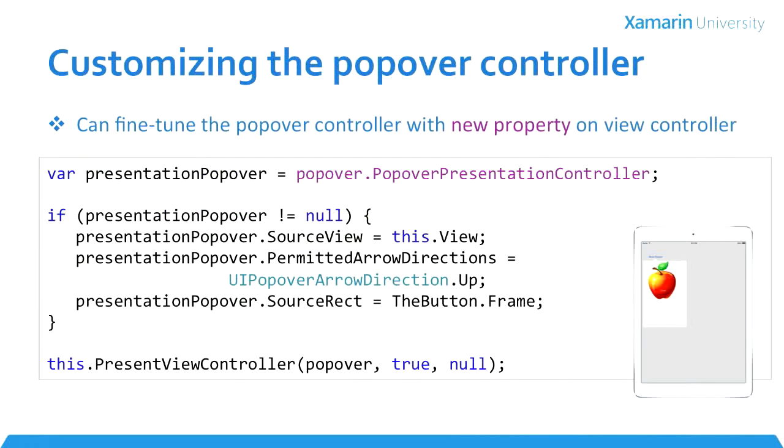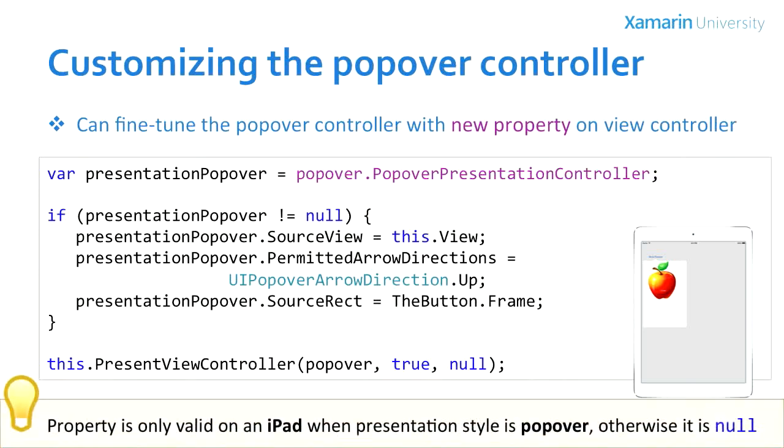Now we can customize this pop-up on a tablet. We do that through the Popover Presentation Controller property on the view controller that you're about to present. And this returns a UI Popover Presentation Controller object. Now you want to make sure you do this before calling Present View Controller.